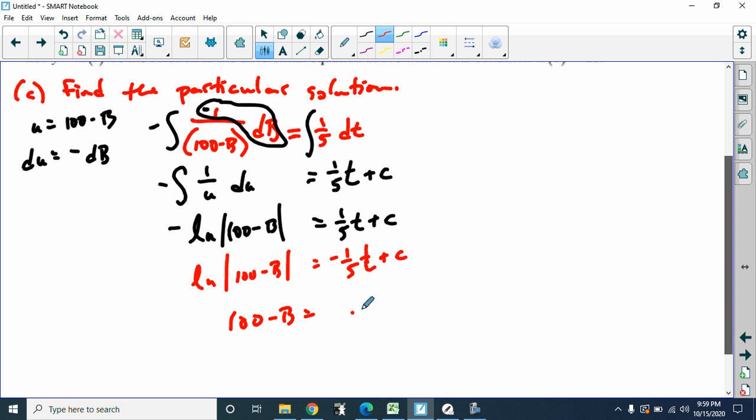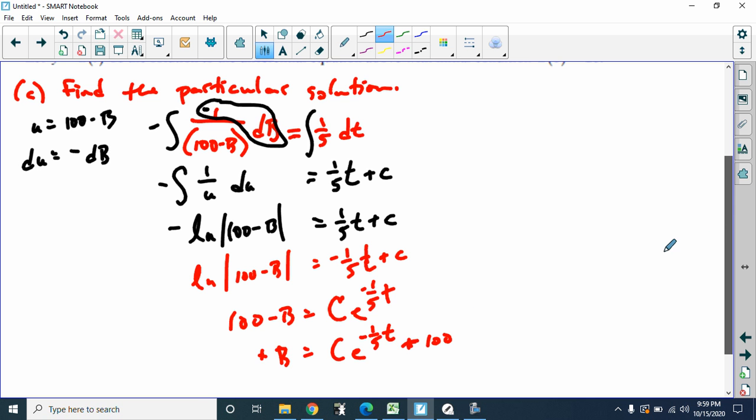E to this power plus c, and remember that plus c, when I have it in the exponent, I can move it out front. Minus 100, and then divide both sides by -1.